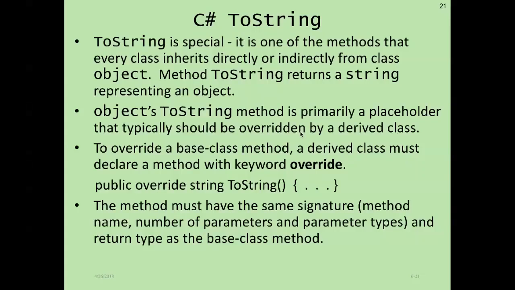This is C# toString. There is a good and very usable method, toString. Most of the time we need to override toString. I will show you in the program how to override it, and what happens if we override and if we do not override toString.